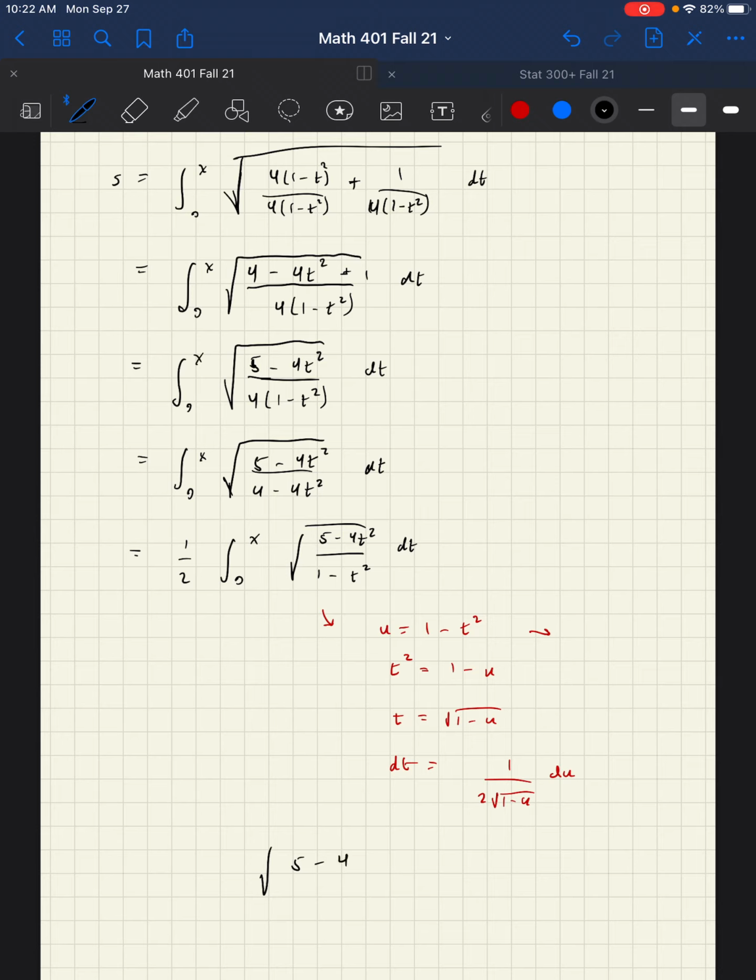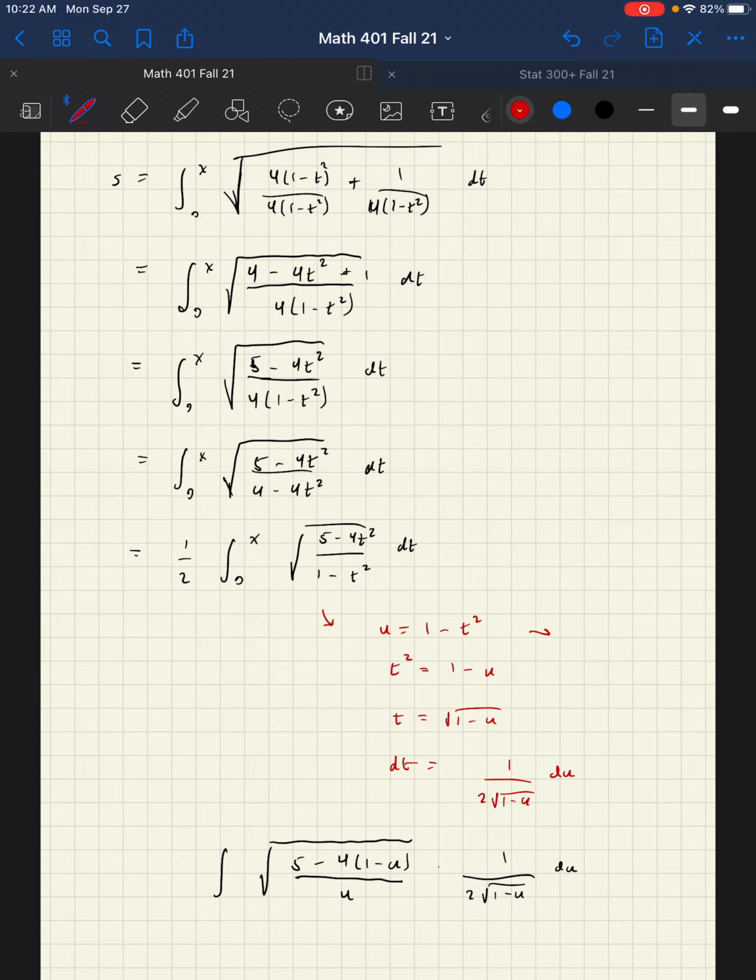Okay, well, let's see if we can figure anything else out with this thing. So that means the integrand becomes the square root of 5 minus 4 times 1 minus u over u. And then the dt is 1 over 2 square root of 1 minus u du. Okay.